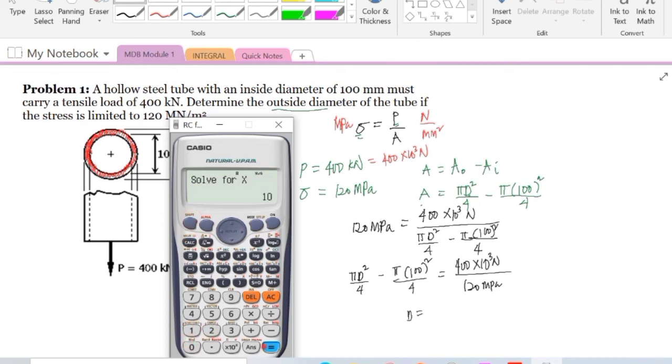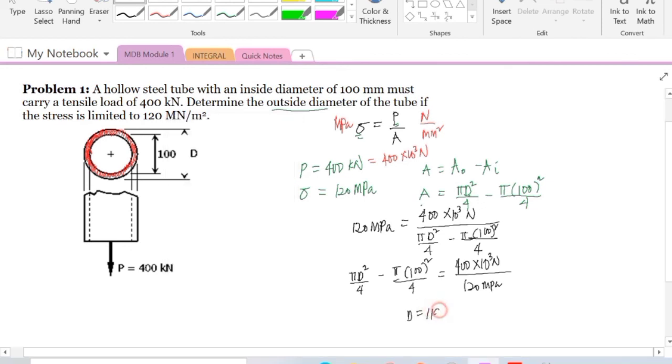Shift solve equals, and that is equal to 119.35 mm, and this is our answer.